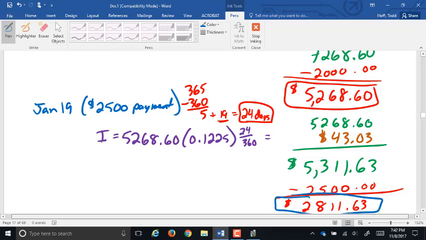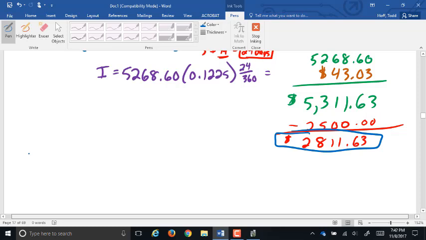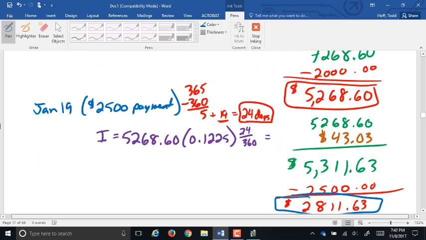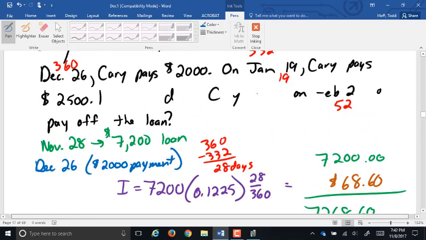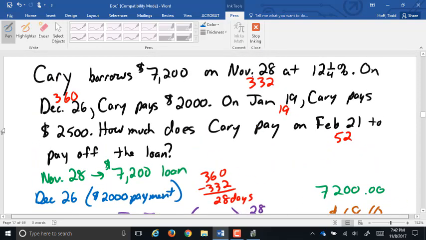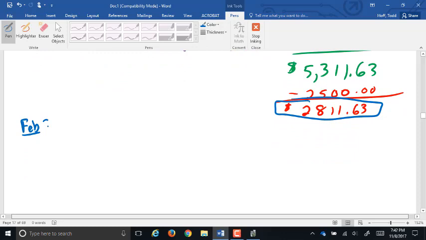What's next? February 21st, and what happens on February 21st? Maturity. So February 21st was 52 minus the 19 is 33 days.